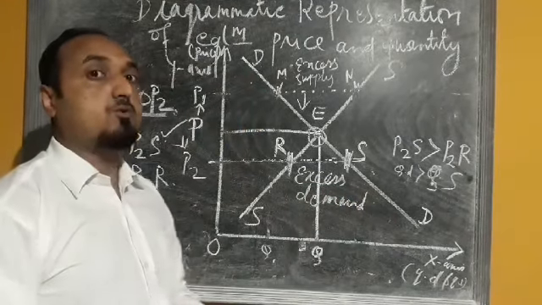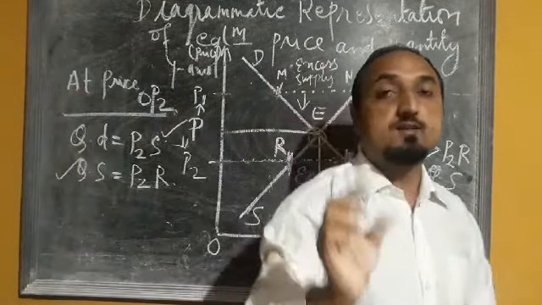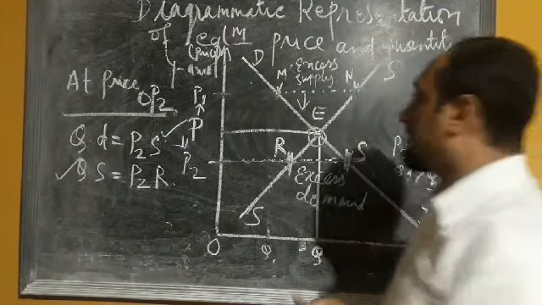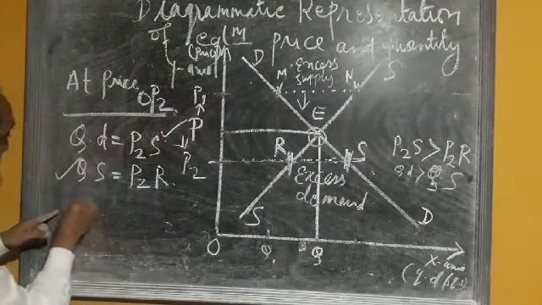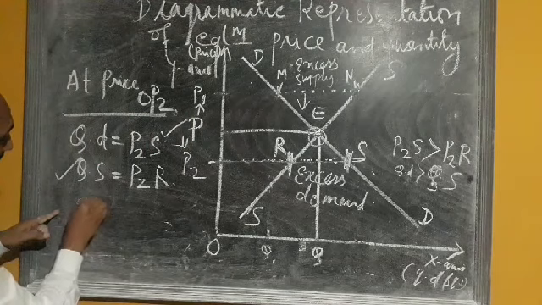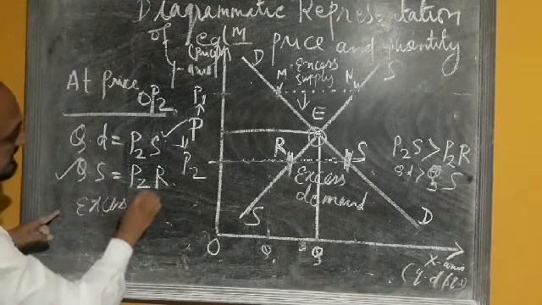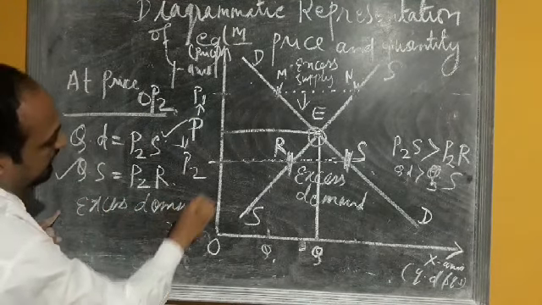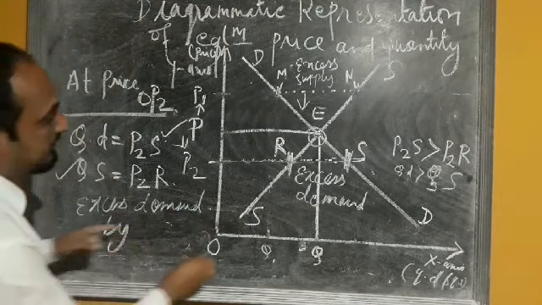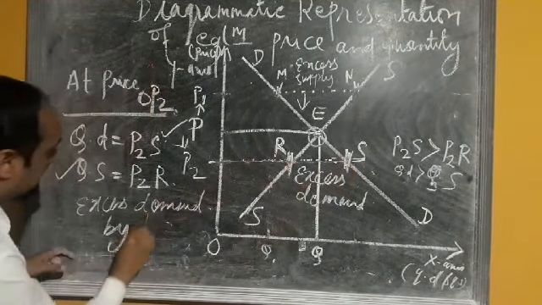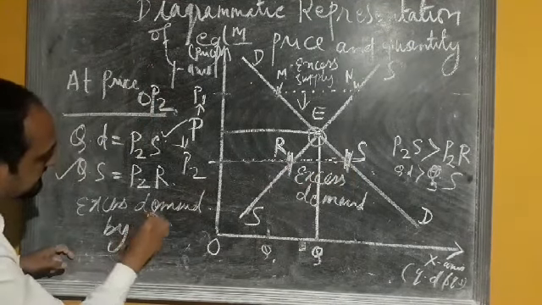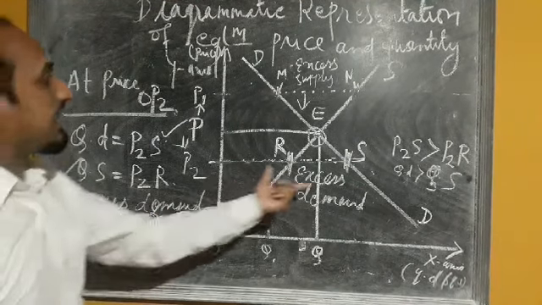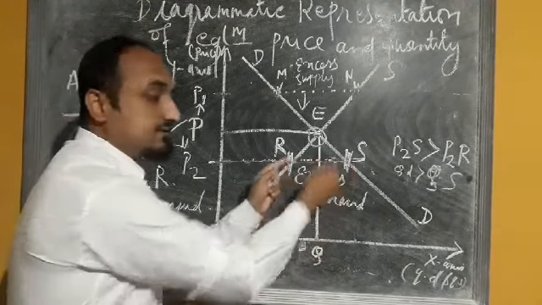Now here you have to know by how much amount there is excess demand. The excess demand is RS. That means RS is the excess demand.